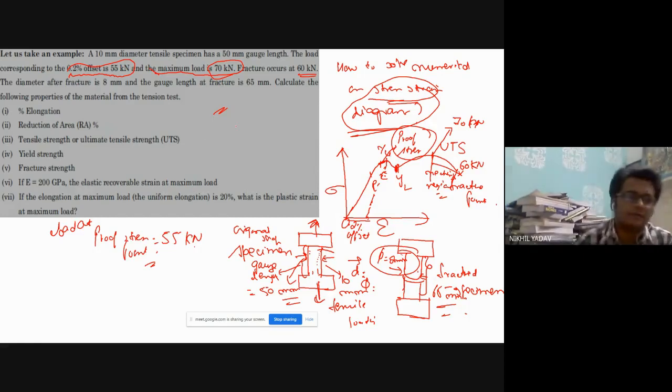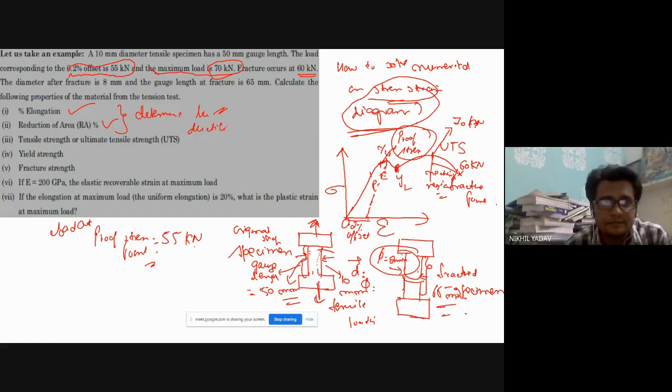So what we have to find out is the percentage elongation and the reduction in area. I have explained that this determines the ductility, right? And then we have to find out the tensile strength, UTS. The load at this point is given as 70 kilo Newton.